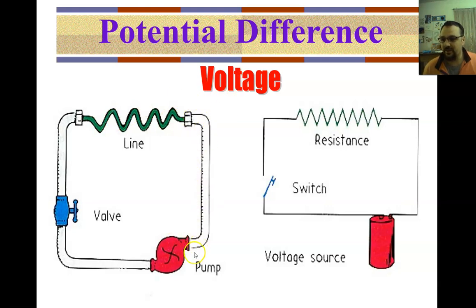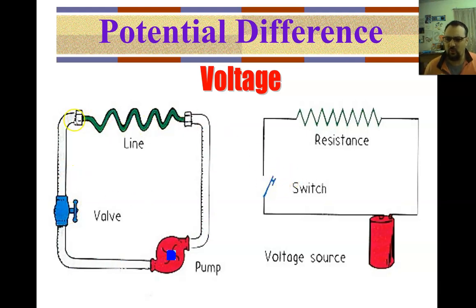Then it comes right back here. If we're talking about water moving, the pump is going to push water molecules through this valve, through this area right here, and all the way back. The only reason the water is moving is because of the pump. It provides a force to move it. In electricity, it's not very different. Instead of having something like a valve, we're going to have a switch.